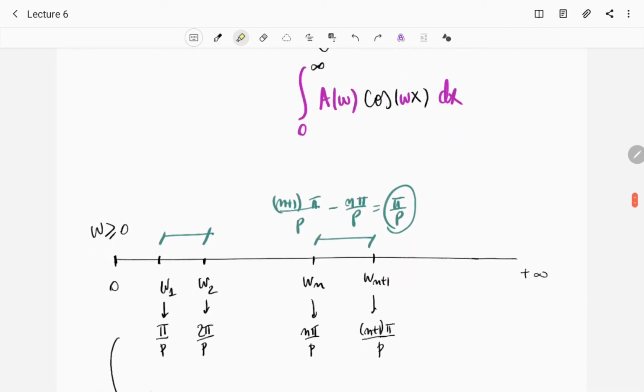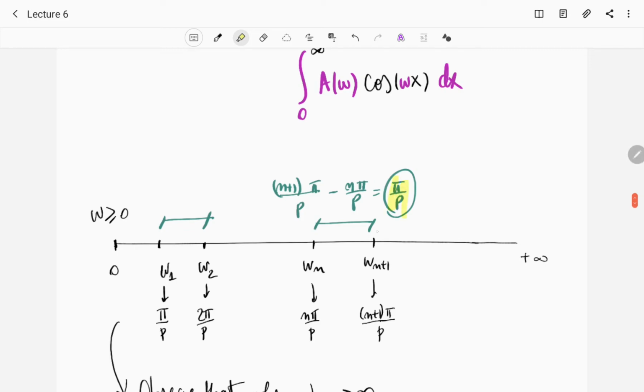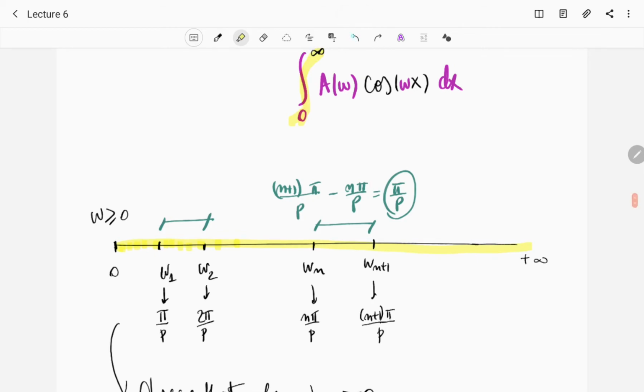Just one last comment. Imagine that we have this infinite amount of values of omega n, but then when p goes to infinity, the length of the intervals goes to 0, and that means that we are having more points, an enormous amount of points, in such a way that at the end we are considering all the positive real line, and that's why we can jump from the sum to the integral.